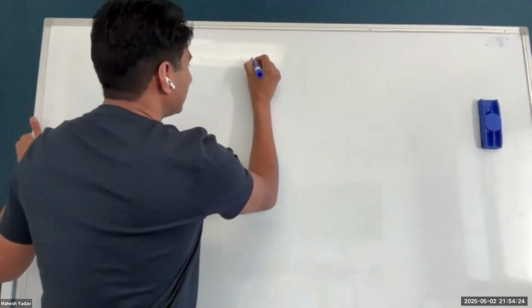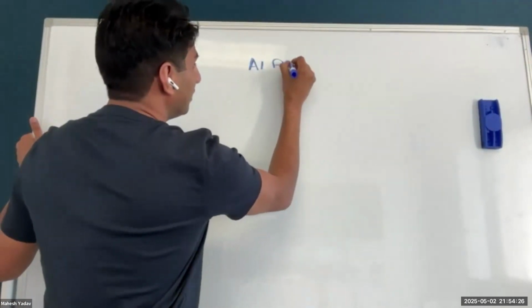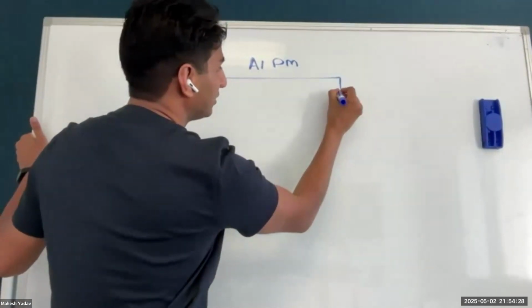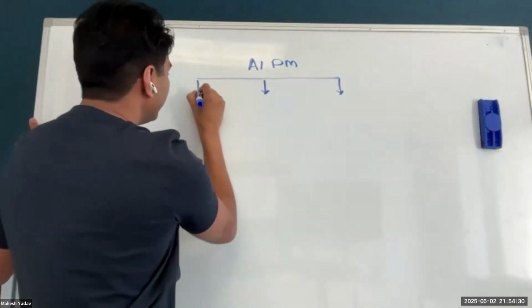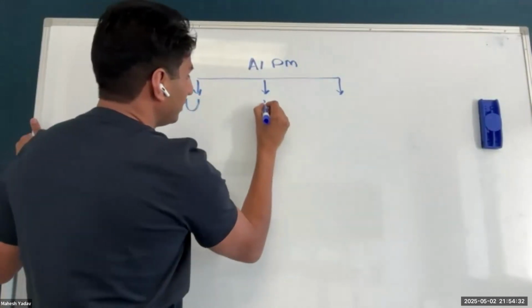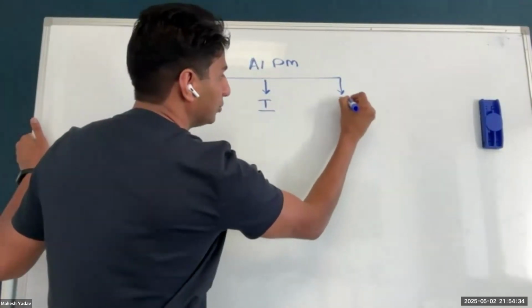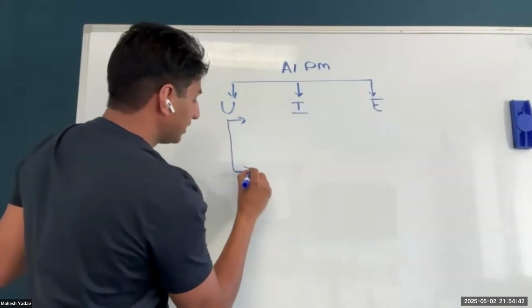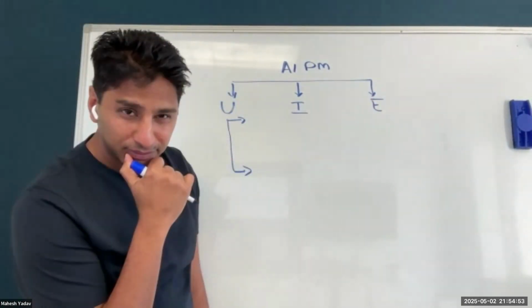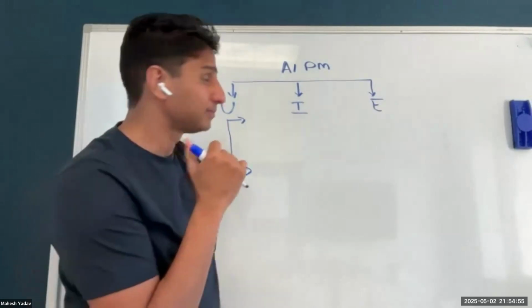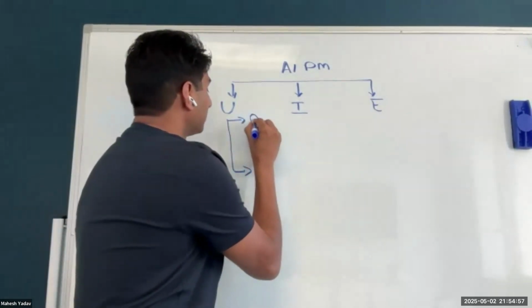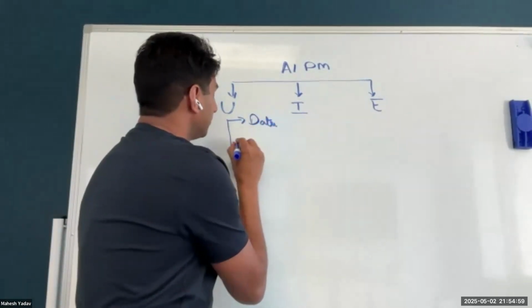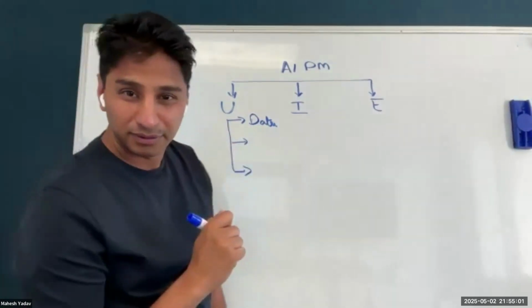So what is an AIPM? AIPM doesn't do anything different. They also understand, identify, execute. So when you understand, anything AI specific that comes to mind? Data. You need to understand, I guess, the algorithm type that you are going to use.